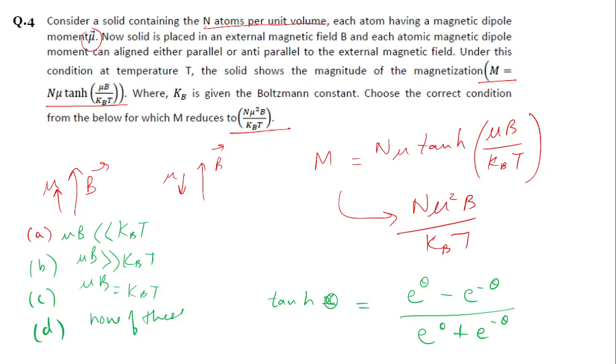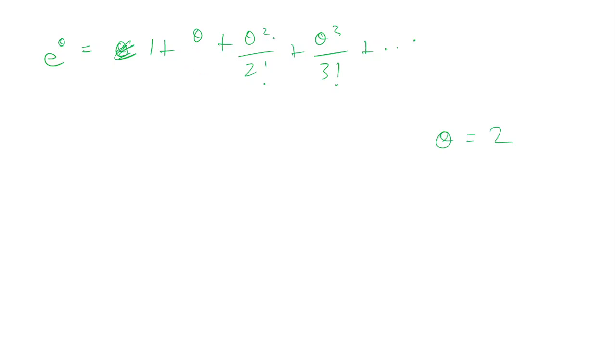Another thing we need to keep in mind is the expansion of e to the power theta, which is 1 plus theta plus theta square by 2 factorial, theta cube by 3 factorial, and so on. When theta is very small, its square will be even smaller. To make it clear, if theta is some big value, let's say 2, then the square and cube of 2 will be bigger numbers.